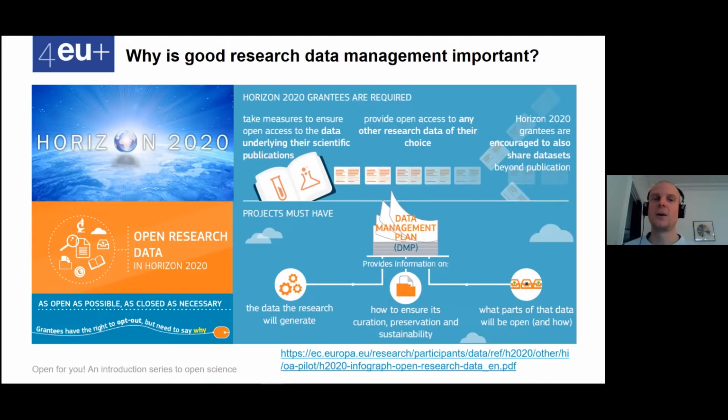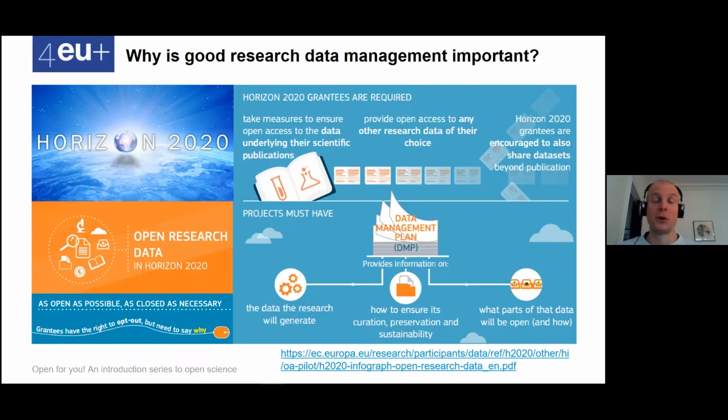And all projects that get funded in the Horizon 2020 framework program have to write and submit a data management plan where they outline their data management strategy and what they will make openly available and whatnot.